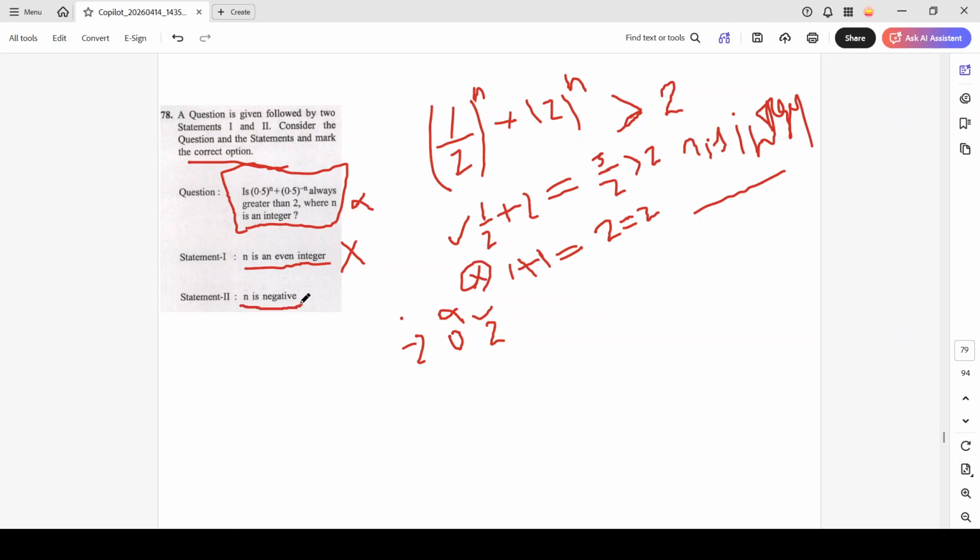N is negative. That means n will belong to here. If I take it as minus 2, minus 4, minus 1, in each case I will get that it is greater than 2. That means this alone is enough to answer the question.